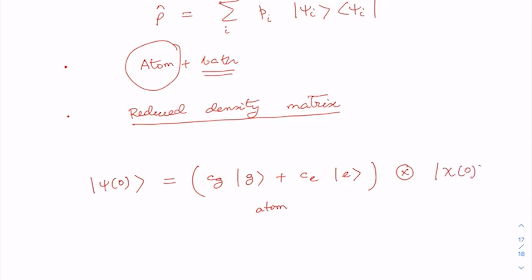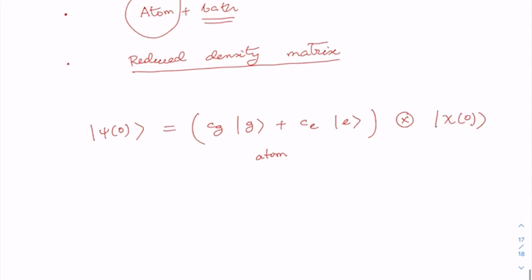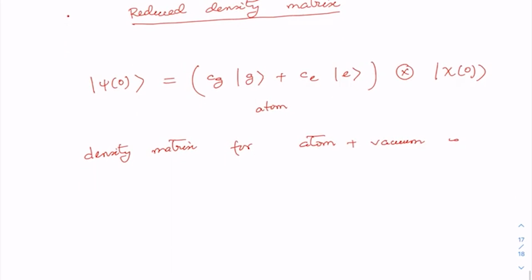So the density matrix of the combined atom plus vacuum system is, of course, given by ket psi of 0, bra psi of 0.